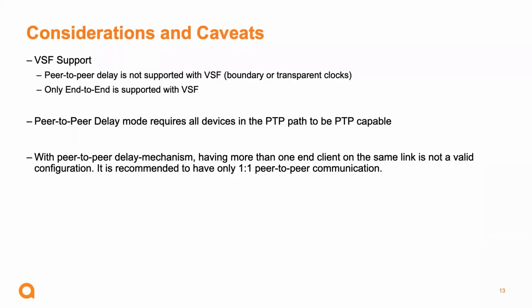That you either have transparent clocks all the way, or you have a combination of transparent and boundary clocks, but you do not have, let's say, between a boundary clock and an ordinary clock, instead of a transparent clock, a switch that does not support PTP, because that will create some issues with the calculation of the offset, and will not take into account the delay inside that non-PTP switch.